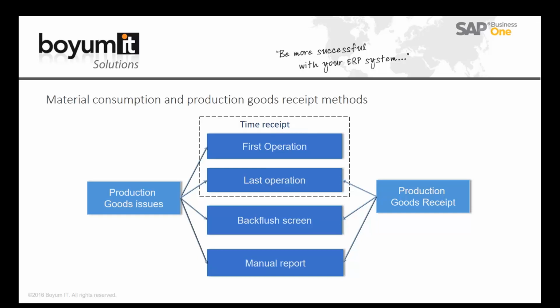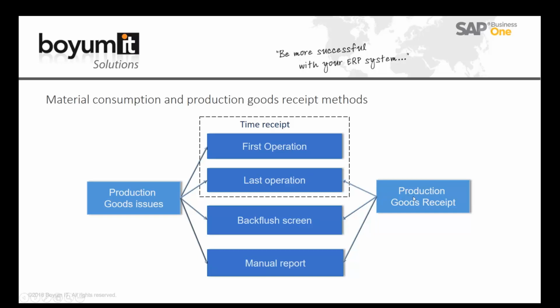That could be automatic, or we can call a screen to report manually. Also, in the time receipt, it's possible that we report the production goods receipt, which is only possible, of course, in the last operation.